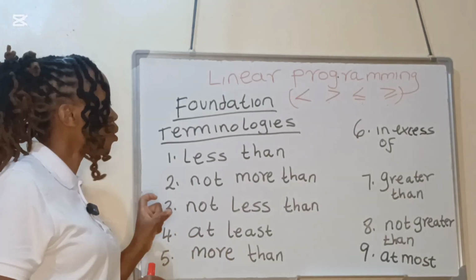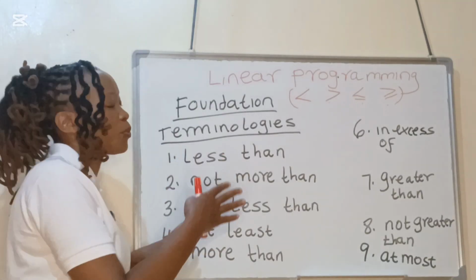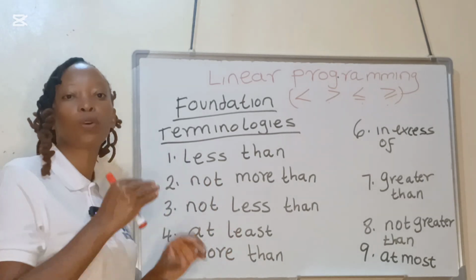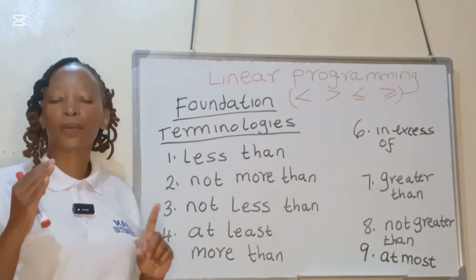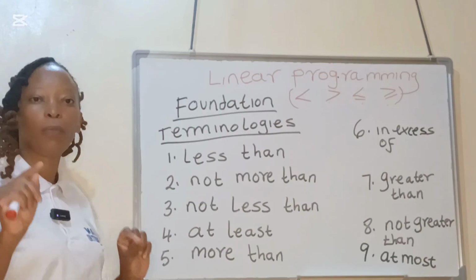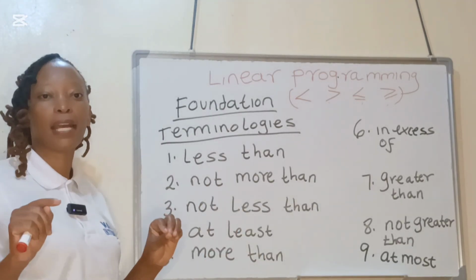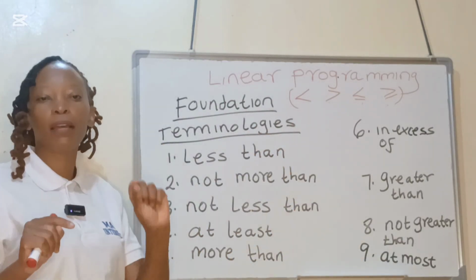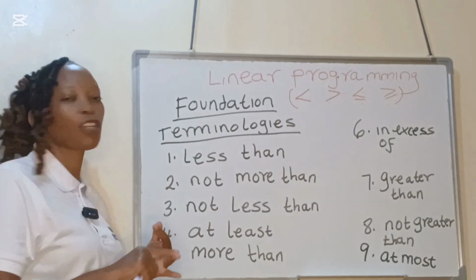So just be attentive up to the end of the lesson, because I'm going to help you understand these 9 terminologies, and these are what you are going to find in your exam as you practice on linear programming. Just have somewhere to write. You write these 9 terminologies, what they mean according to the 4 linear symbols. You will see that they are opposites and synonyms.